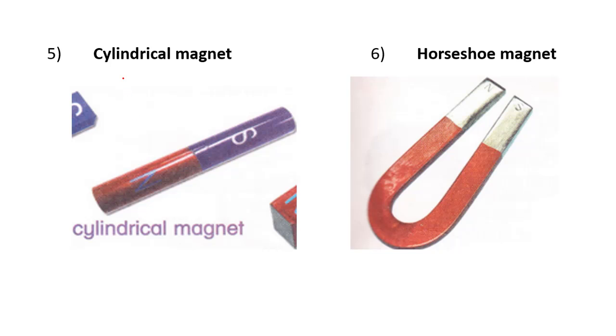And the last kind of magnet is the horseshoe magnet. It looks like a bar magnet, but it is not. So this is the horseshoe magnet. My question is, out of all these magnets, which are stronger and which are weaker?